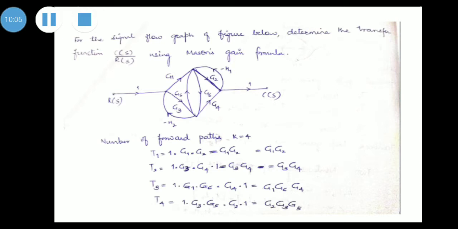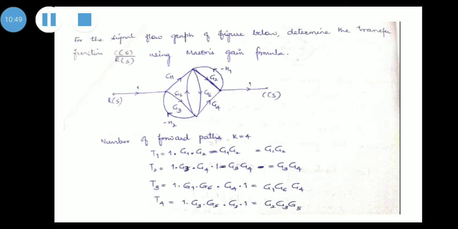Then the next forward path T2 is 1 into G5 into G4 into 1, which will come as G3 G4. Sorry, it is G3, G4.